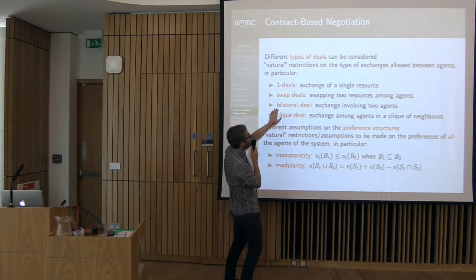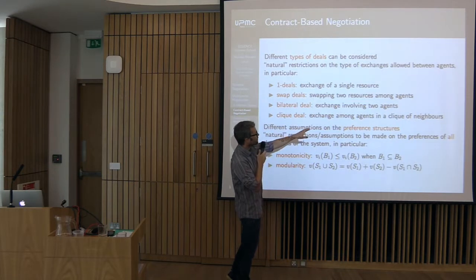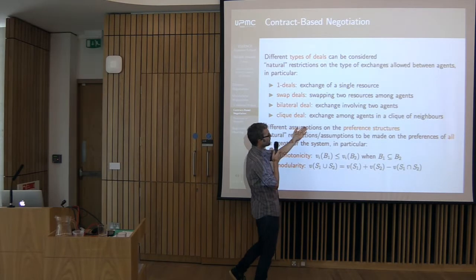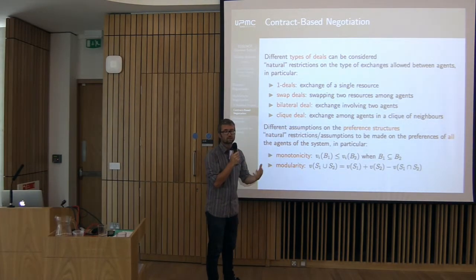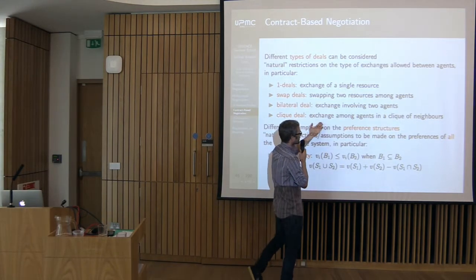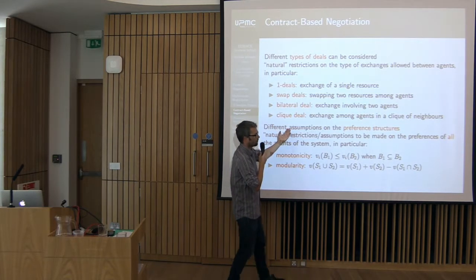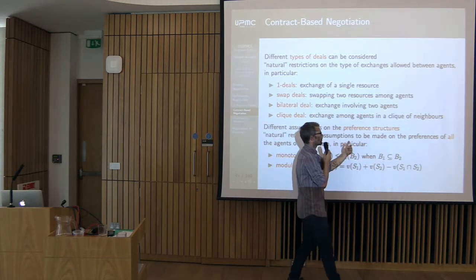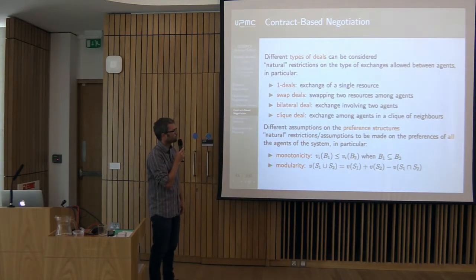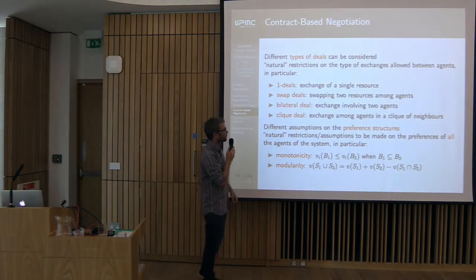So you can allow the exchange of a single resource, you can allow the swapping of 2 resources among agents, you can allow anything as long as only 2 agents are involved, or you can allow exchange among agents if it's on a network. And so given that they are neighbors, they constitute a clique, you can have exchange among them. Well, this is based on networks. I will talk about networks later.